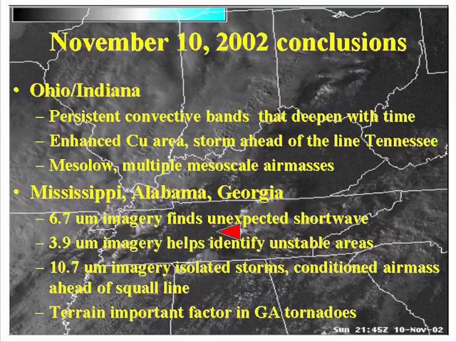And using the 3.9 micron imagery, we were able to answer some questions about how the near storm environment was responding to the thunderstorms, in the sense that the ACUS field dissipated as those storms went up. And once again, the terrain in Georgia was shown to be important for that tornadic storm in the middle of the night. It occurs in an area where you've got upslope and deepened boundary layer on the south side of the Appalachians, so it doesn't just happen in the west, it happens anywhere where there's terrain.